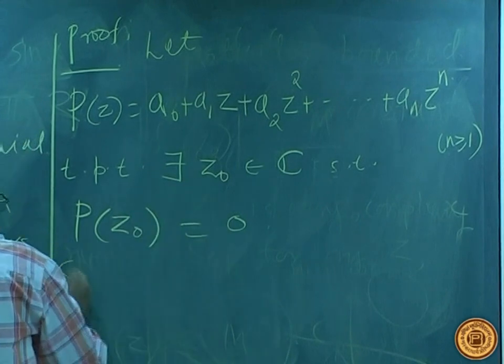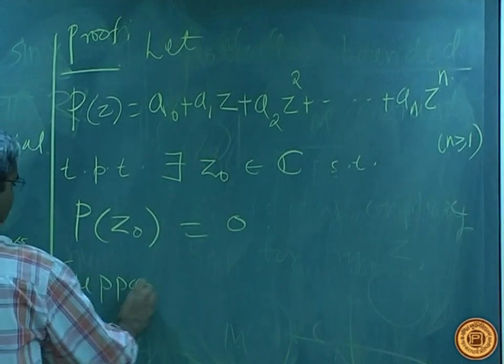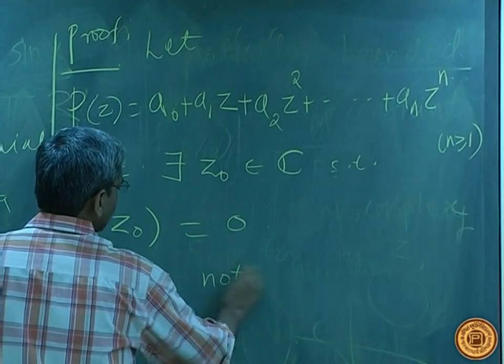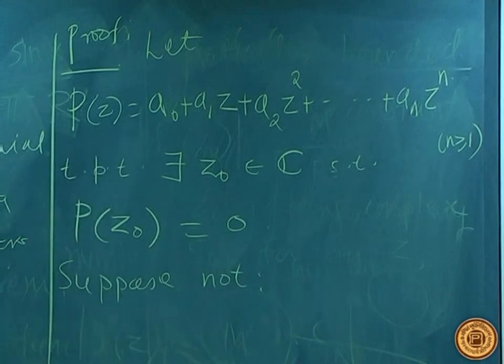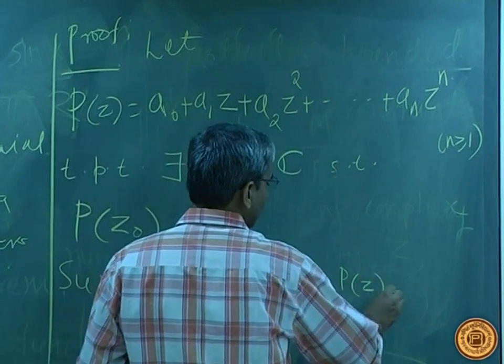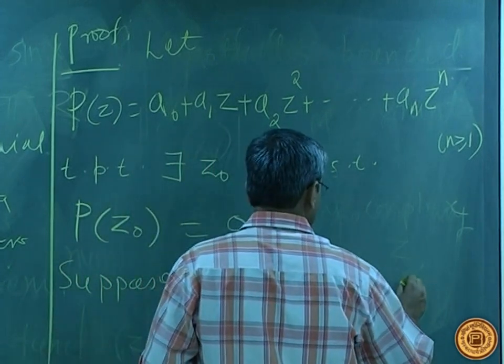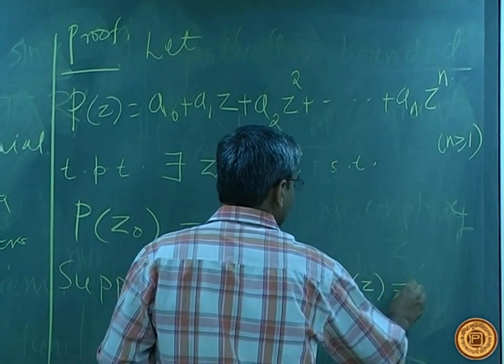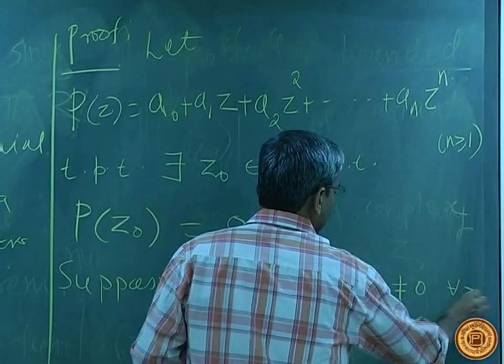So now we want to show that such a z naught exists. So suppose not. That means what? It is not equal to 0 at any point. That is, P(z) is not 0 for all z.